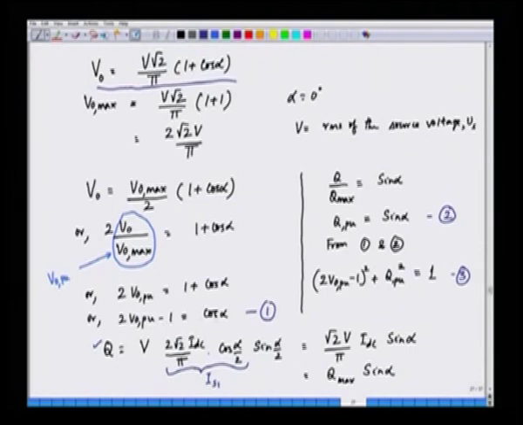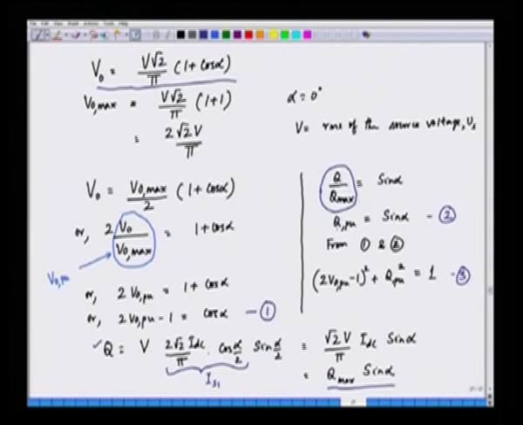So, this is equation number 1, and from the reactive power similarly we obtained Q max into sin alpha is Q, and we take this Q max to the left hand side, Q by Q max, this quantity is basically Q per unit.